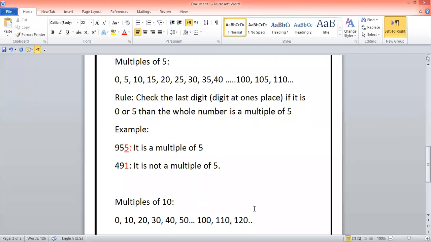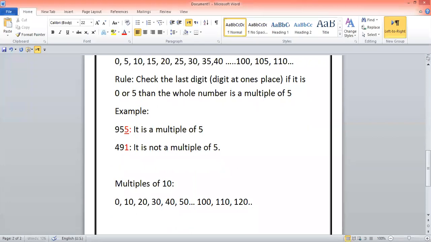Okay, so I'm writing a rule here for you. What is the rule? Check the last digit, or the digit at ones place.